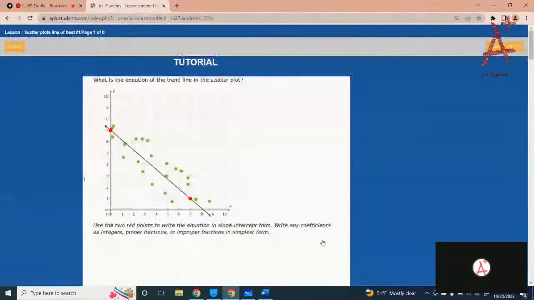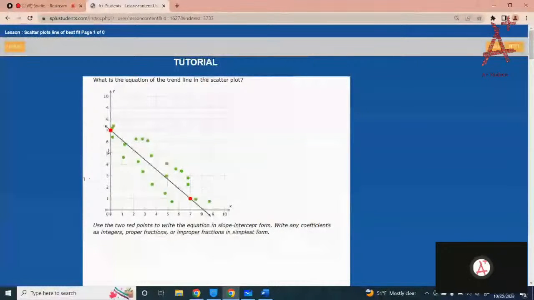Okay, what is the equation of the trend line in the scatter plot? So this is a scatter plot, and you are given a trend line. Basically, you have to look at two of the red points and find their coordinates. Use the coordinates to find the slope, then find the y-intercept, and use the slope and y-intercept to find the equation of the line.